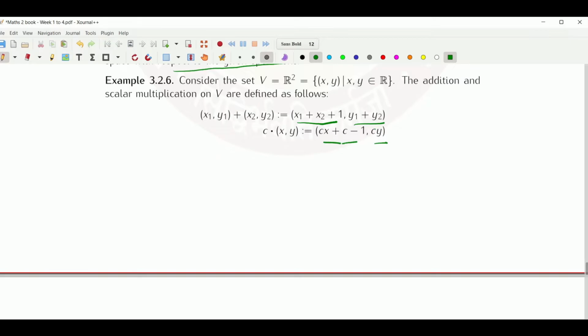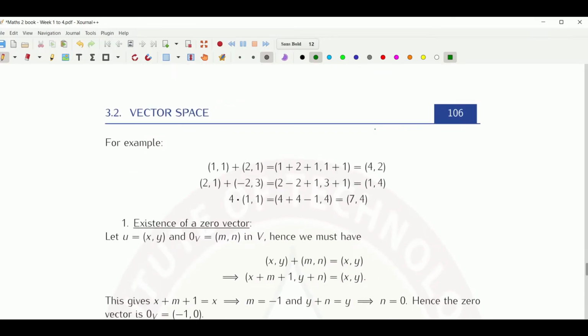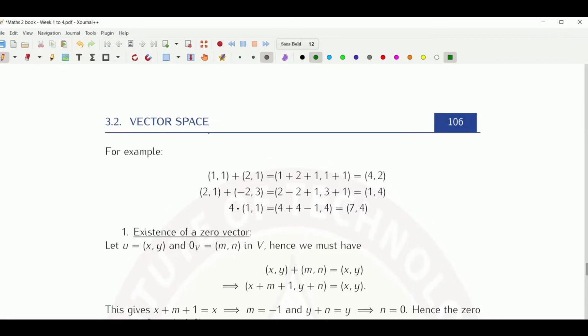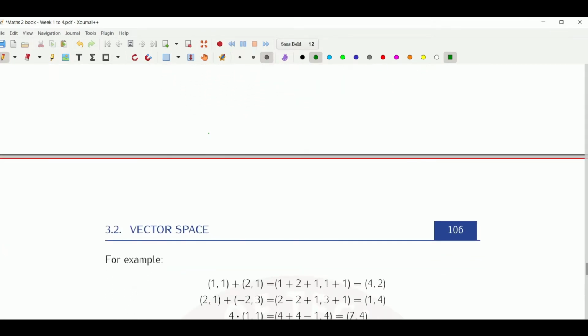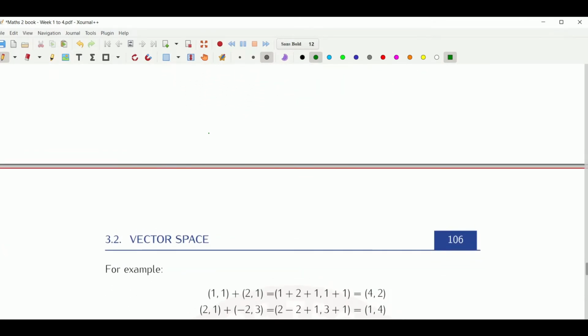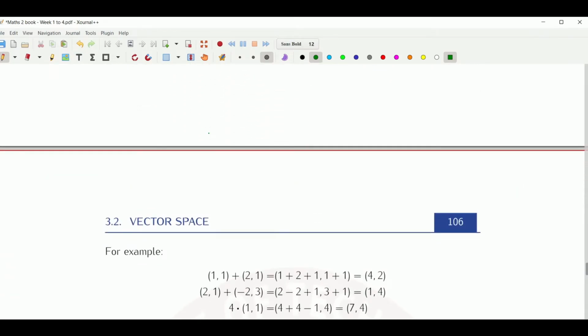Okay, let's check. For example, (1, 1) plus (2, 1) will be (1 plus 2 plus 1, 1 plus 1), so it will be (4, 2).